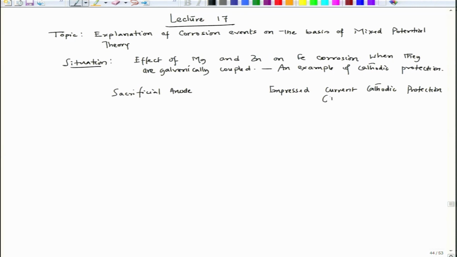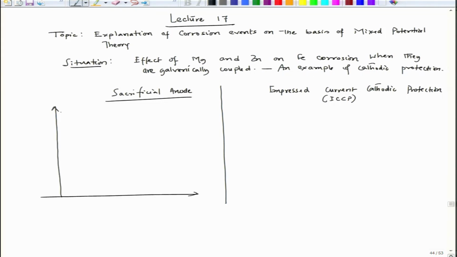So, this in short we call ICCP, and if we try to see their mixed potential mode, we will just draw schematically, you try to follow the previous lecture. So, this is log I, this is E in volt.